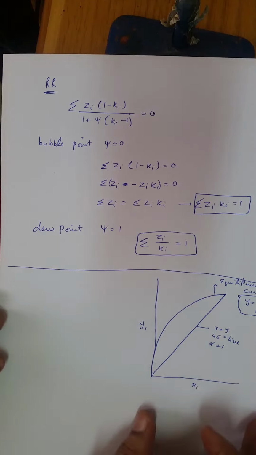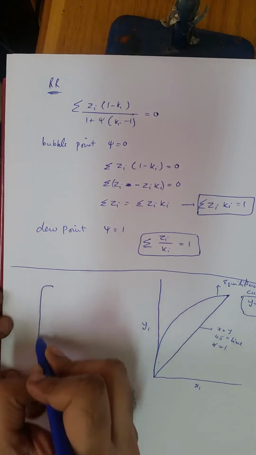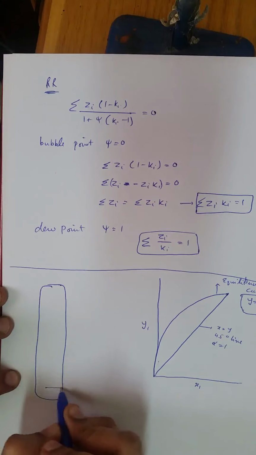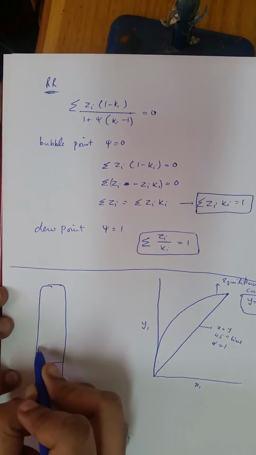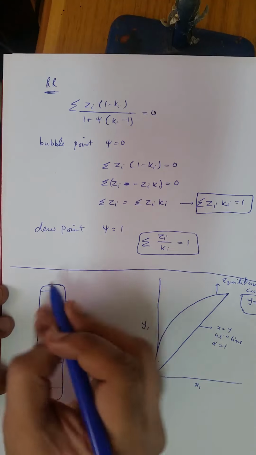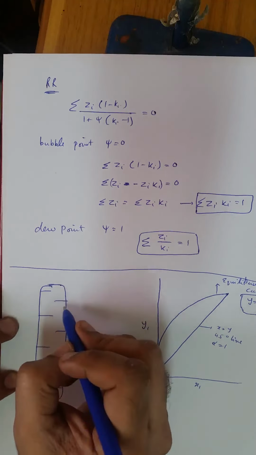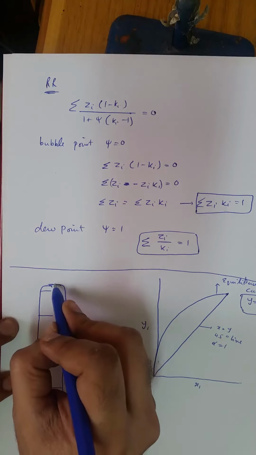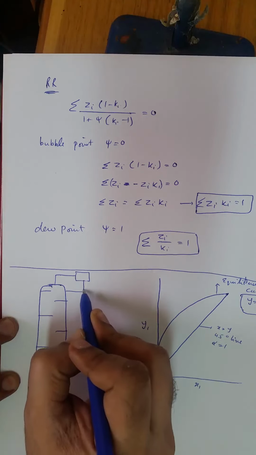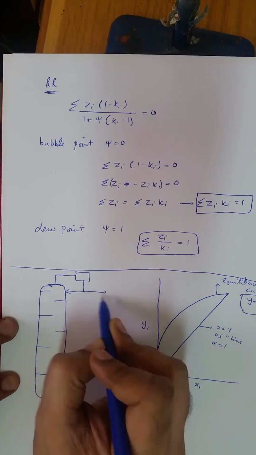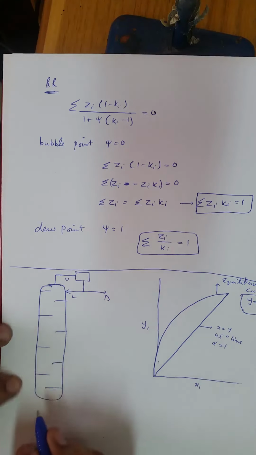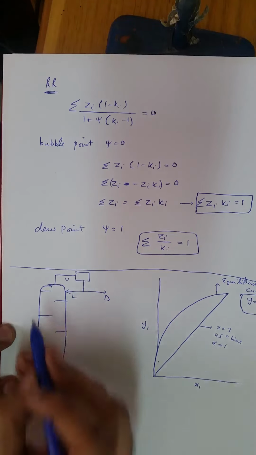So in fact, this is the distillation column, a typical distillation column. This is a condenser over here, and we have reflux, whatever, so I will not go into detail.